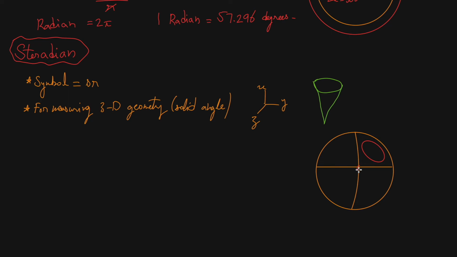For example, this is the center of it, and these lines should be intersecting at the center. So this whole area will be known as 1 steradian.